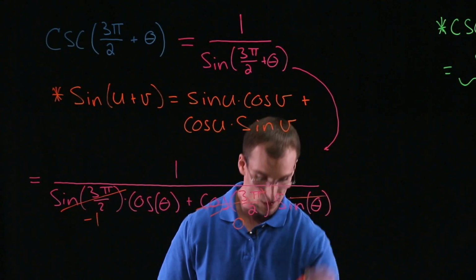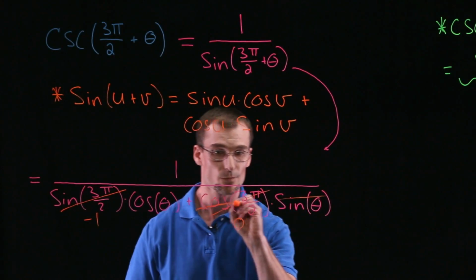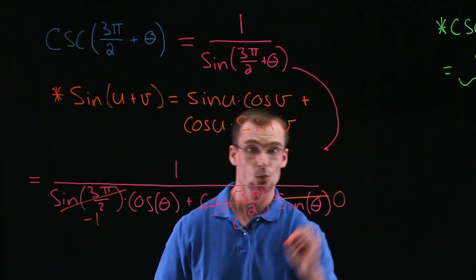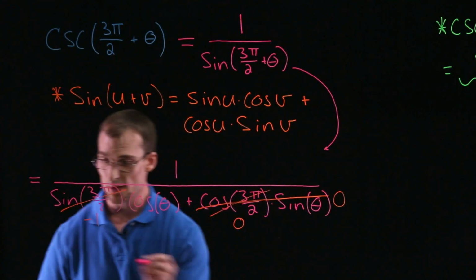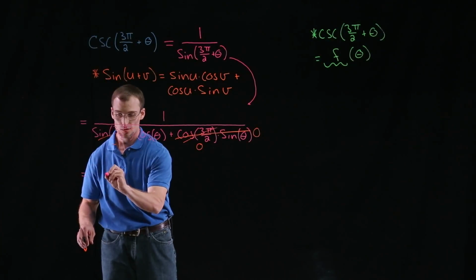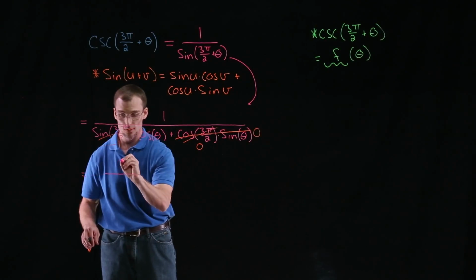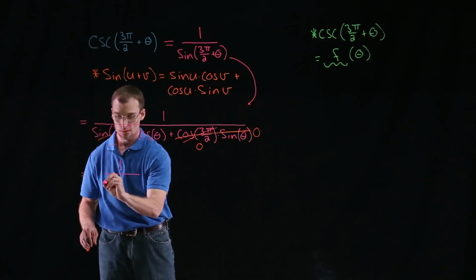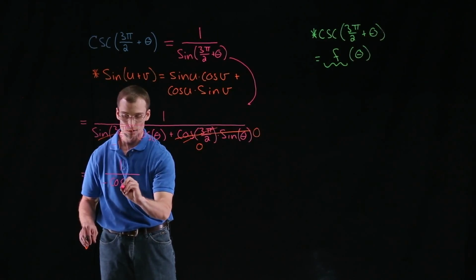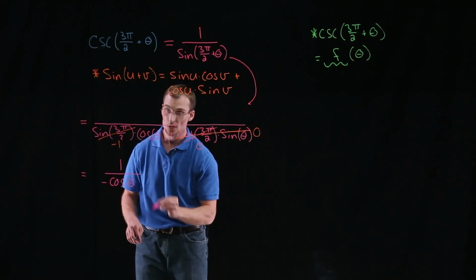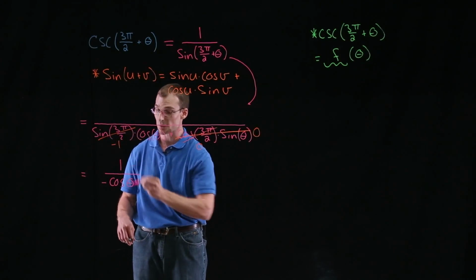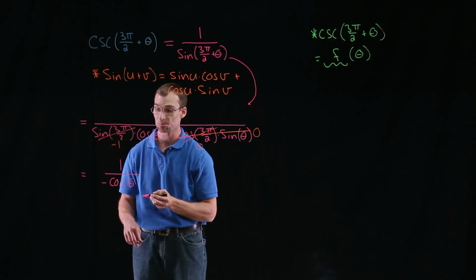So this entire expression will become 0. So then what we have is 1 over negative cosine theta plus 0 in the denominator, so we can leave it as 1 over negative cosine theta.